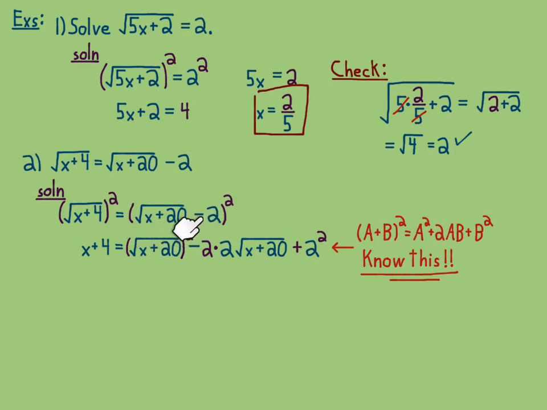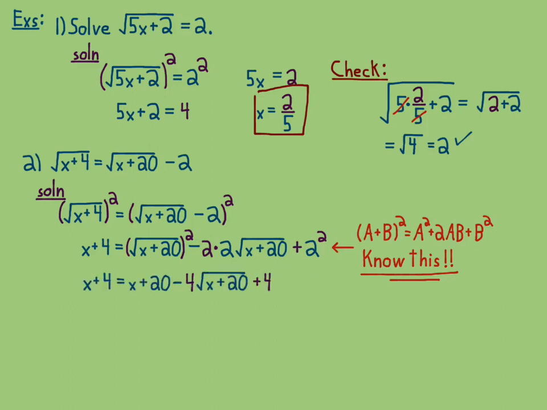That'll be minus because this is negative 2. Plus this one squared, which is 4 actually. I wrote 2 squared, but it's okay. So you can see the formula in there.